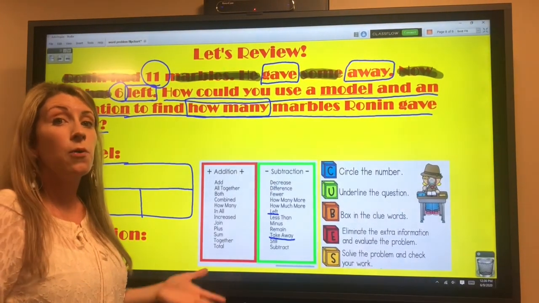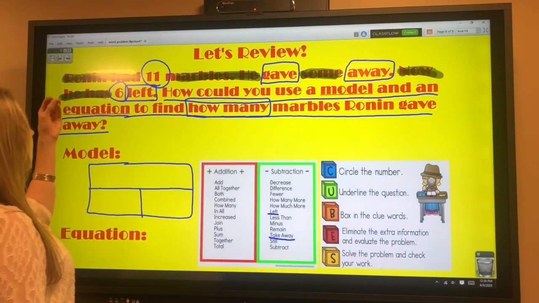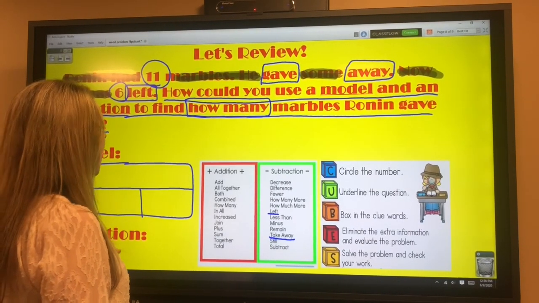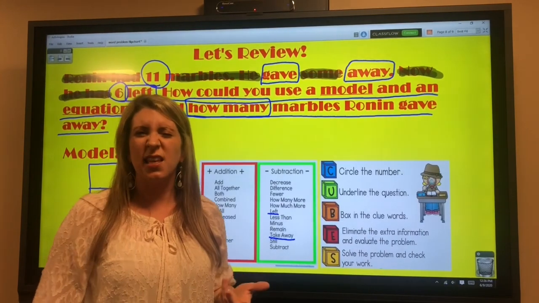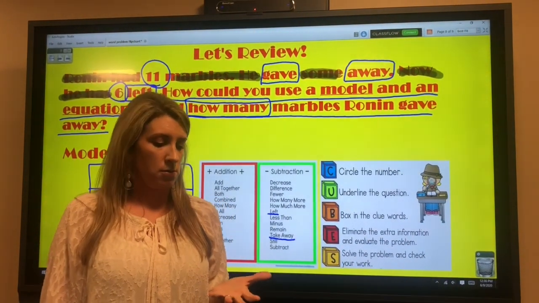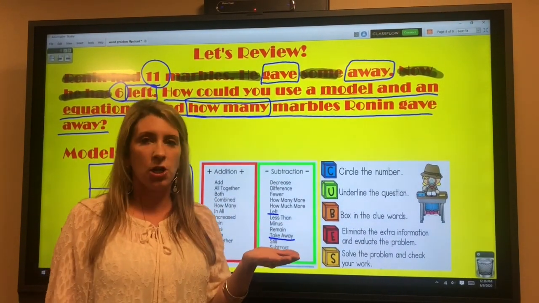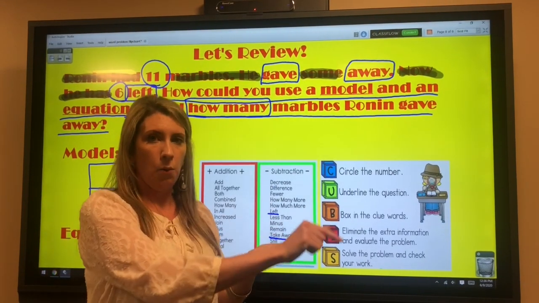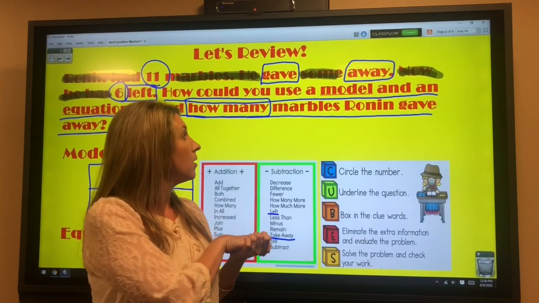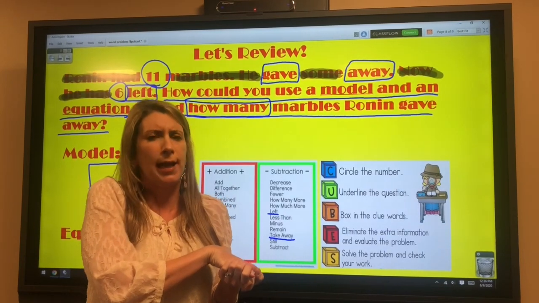Now we need to determine where the numbers go. So if Ronan had 11 marbles and he gave some away, now he has 6. Let's think about that. If you were Ronan and you had 11 marbles in your hand, let's all visualize this. You have 11 marbles in your hand. You give some away. Then you have 6 left in your hand. Would we be adding, or would we be subtracting?